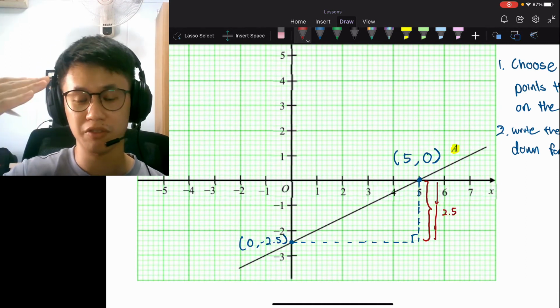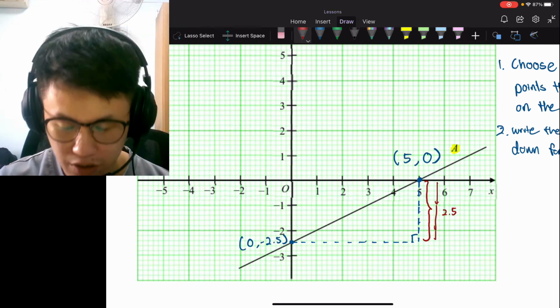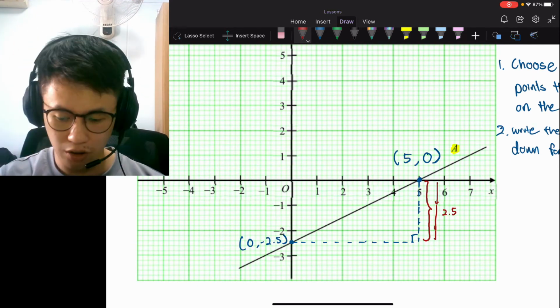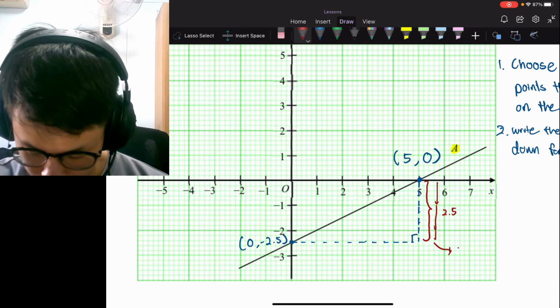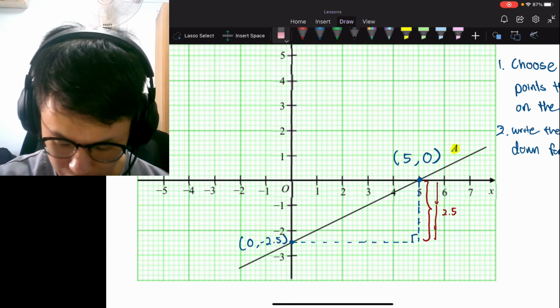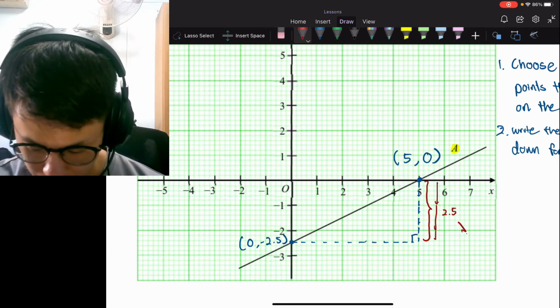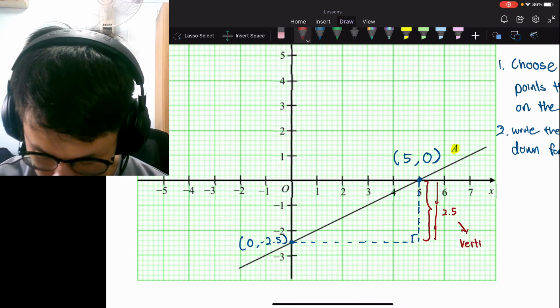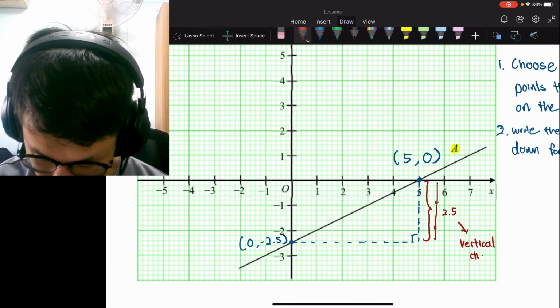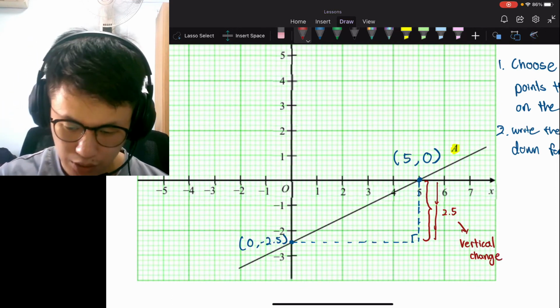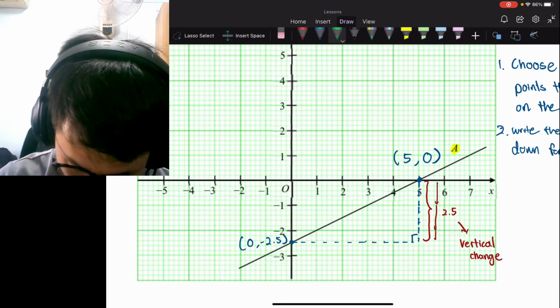The length of 2.5. This vertical one is called the vertical change. I'm going to write it here. The vertical change. Please copy this down.